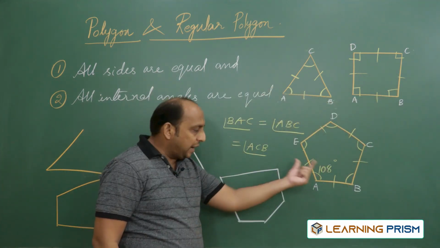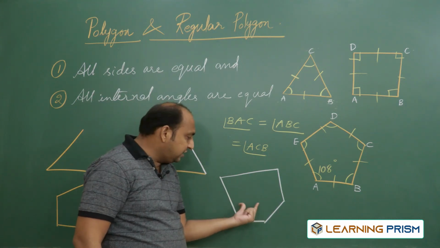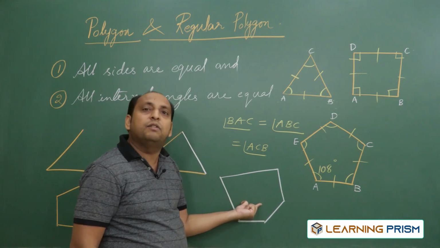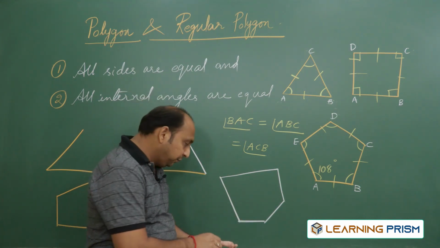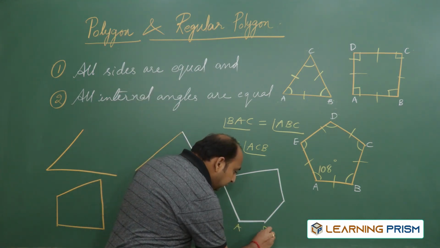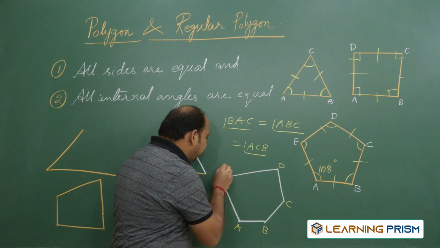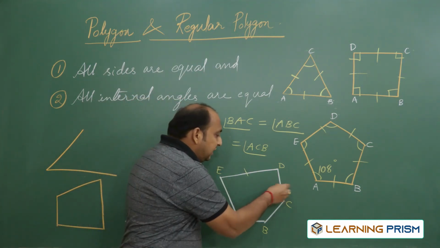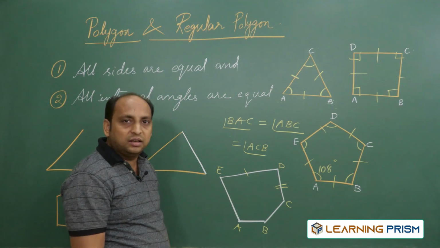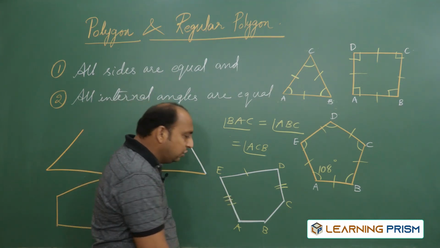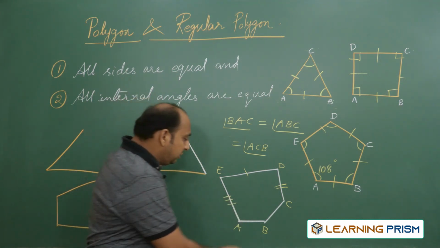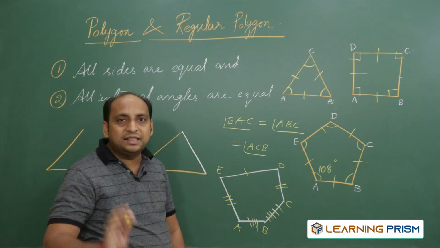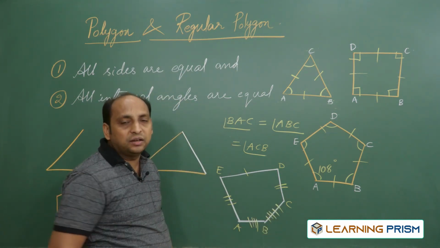If I draw a pentagon like this, this will not be called a regular polygon even though it has 5 sides, because just by seeing the figure you can tell that this length and this length are not equal to each other, and this is also not equal to the other two. Similarly, all the sides are unequal to each other.